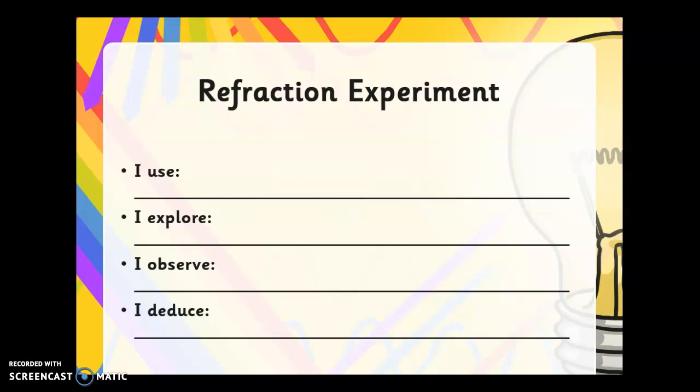What happened to the pencil inside the cup? And at the end, I deduce or I conclude. You have to tell me here, what's the meaning of refraction? It means you have to tell me that when light travels from one transparent medium to another transparent medium, the light is going to change its direction.